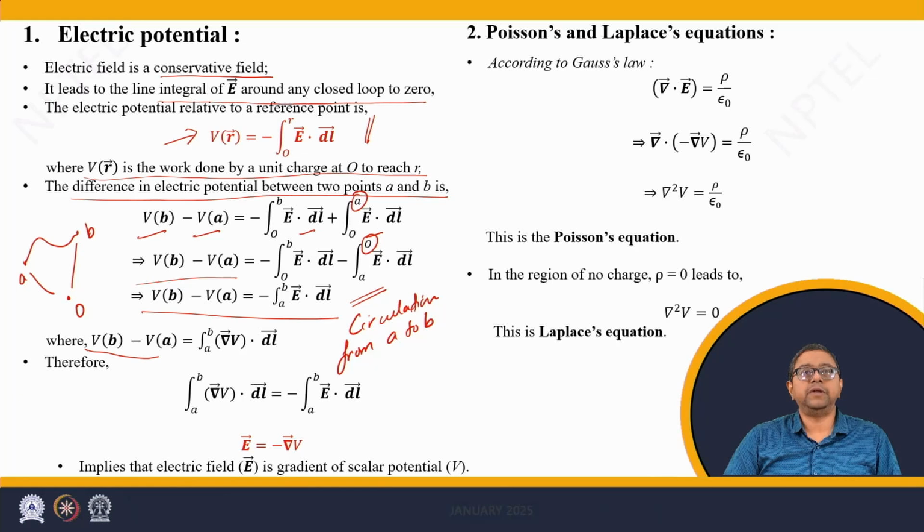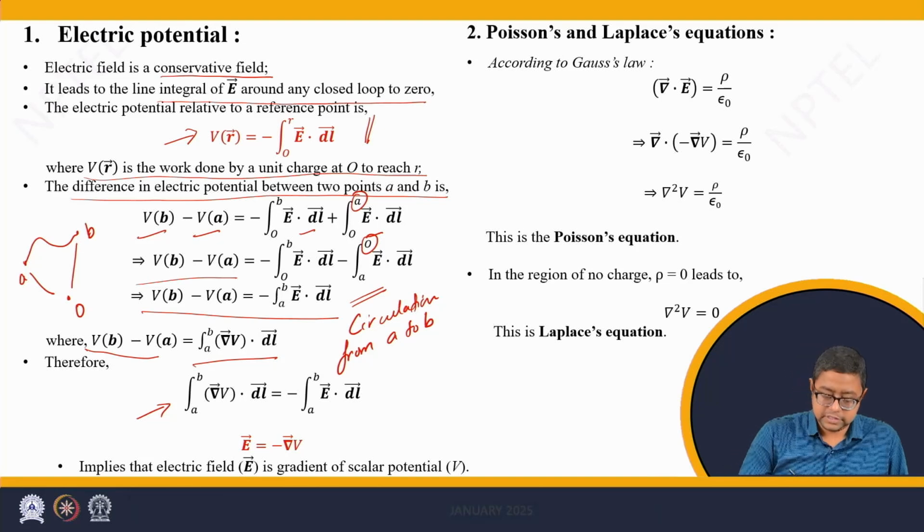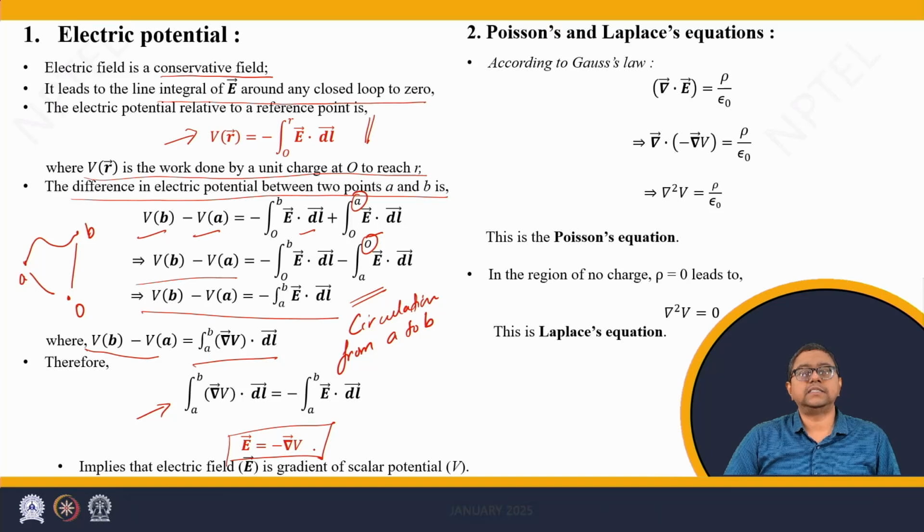As E can be written as gradient of V, where V is the potential, we can have integral A to B grad V dot dl equals integral E dot dl. This is possible as E is a conservative field which can have a potential function, and E can be written as the gradient of the scalar potential V.